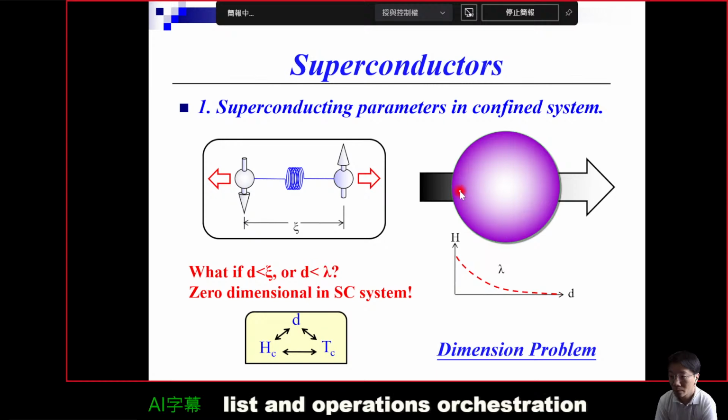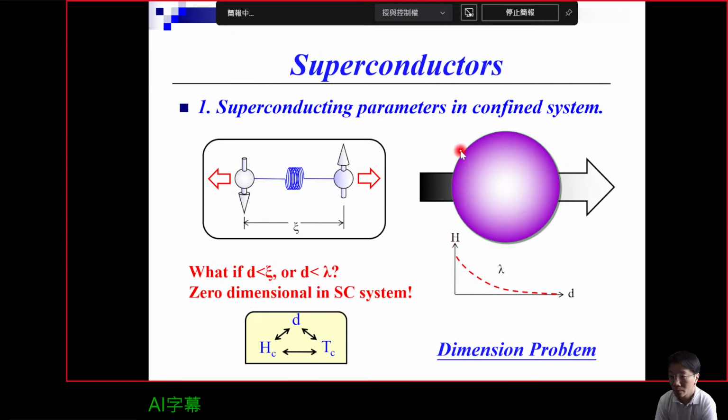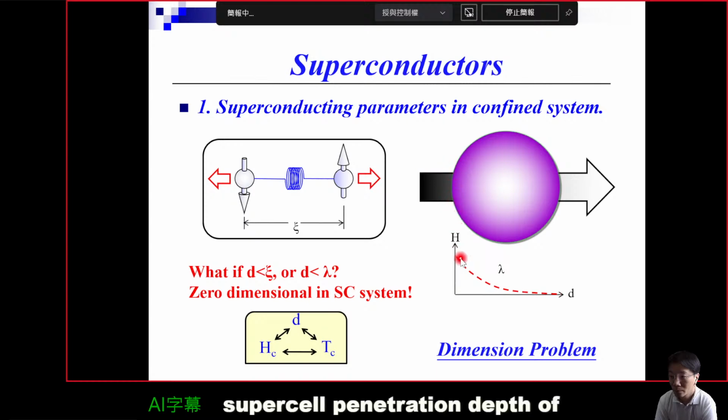So let me recall that the magnetic field will destroy the superconductivity, especially for the type 1 superconductor. The magnetic field is allowed to penetrate a very thin layer of the superconductor.